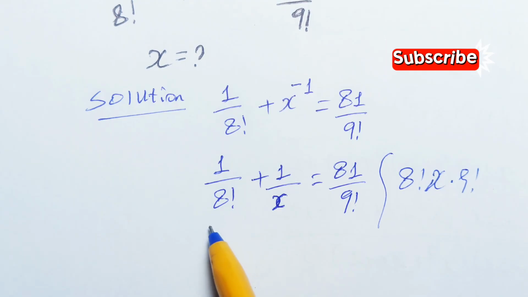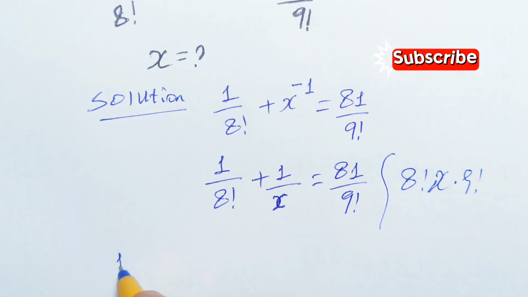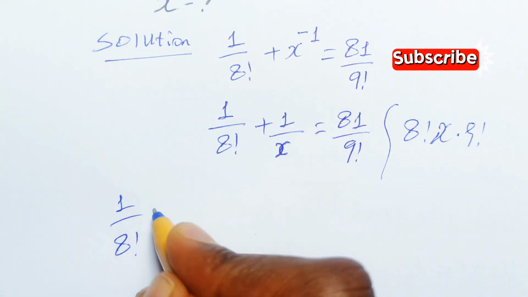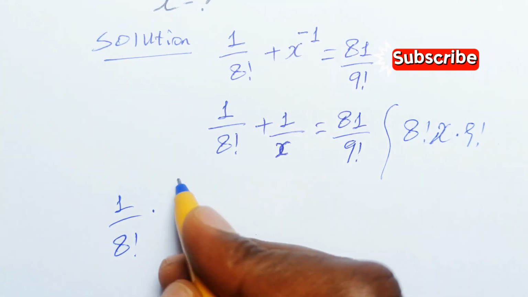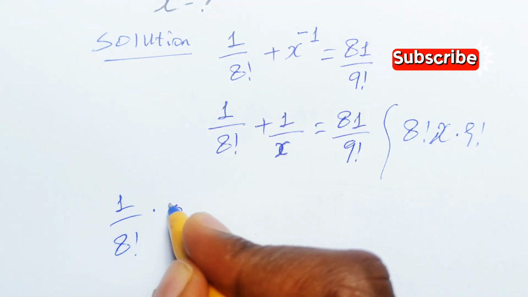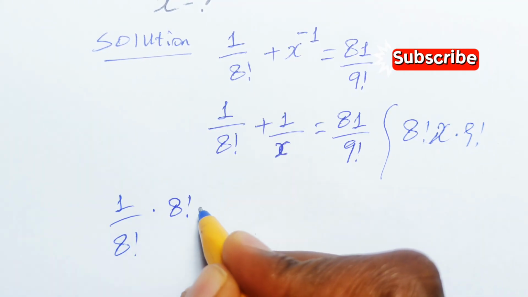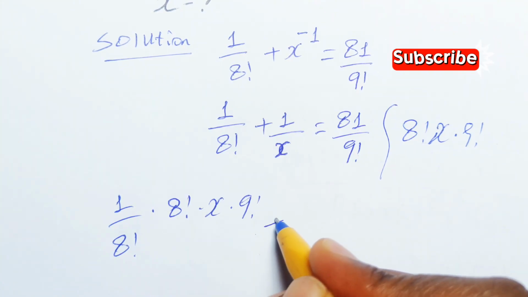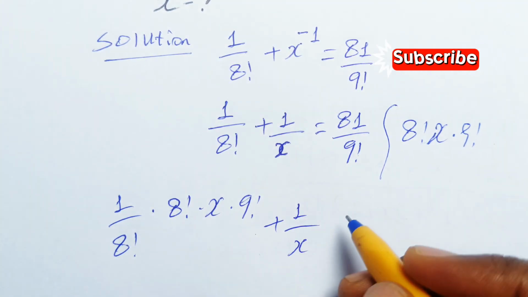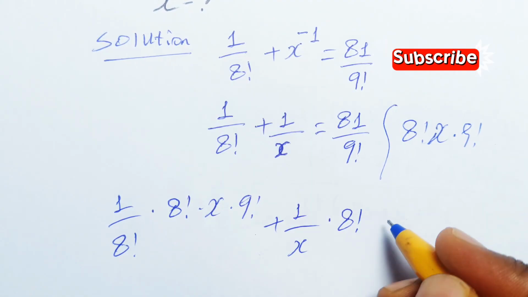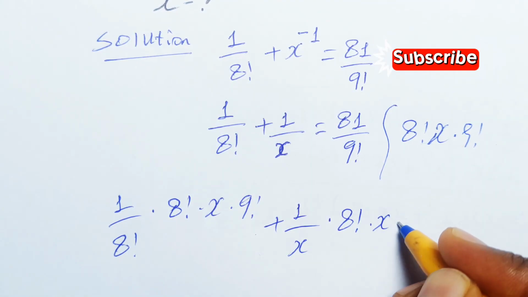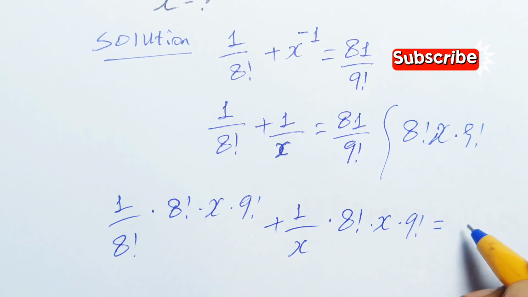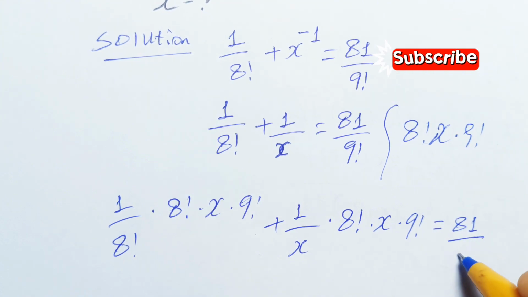So this can be written as 1 over 8 factorial times x times 9 factorial, plus 1 over x times 8 factorial times x times 9 factorial, which equals 81 over 9 factorial.